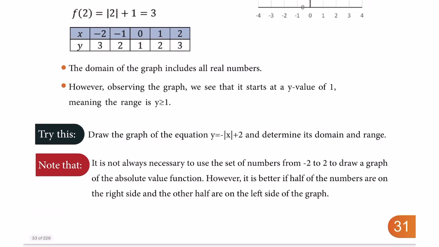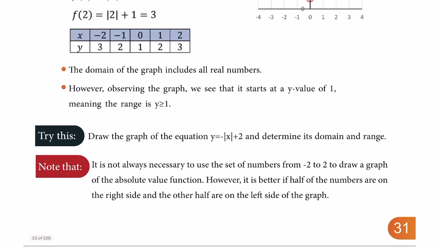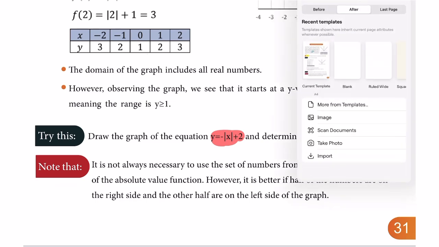And what I'm going to do is answer this one so you can see the procedure regarding the question. It says draw the graph of the equation here and determine its domain and range. Okay, so now what we are going to do is this. I'm going to open a different page here. The function that we have says y equals minus the absolute value of x plus, I think it was 1.